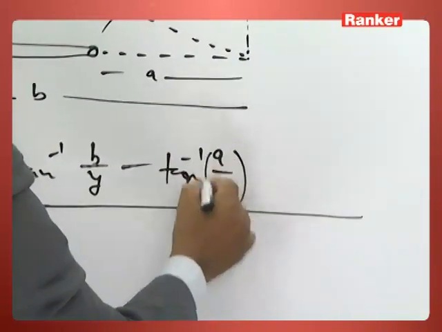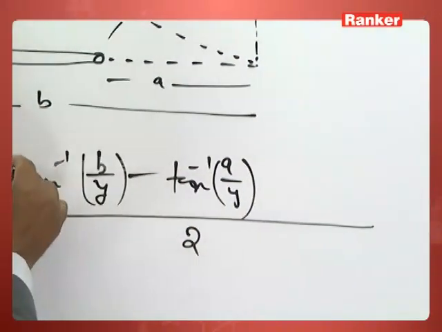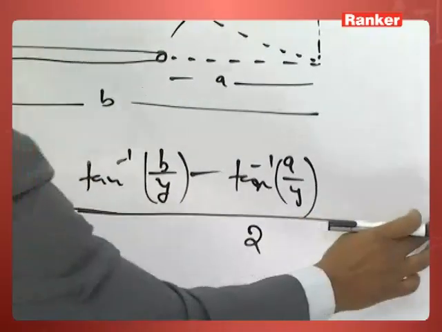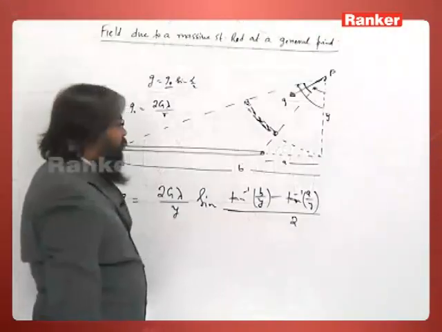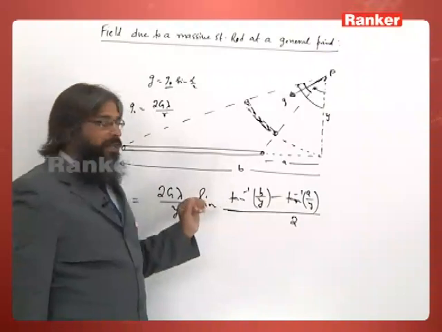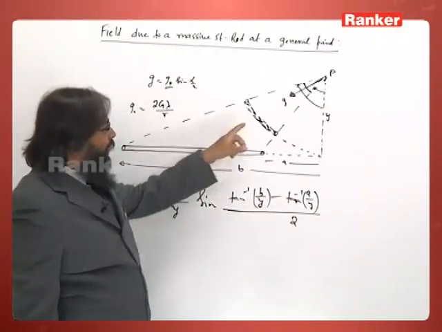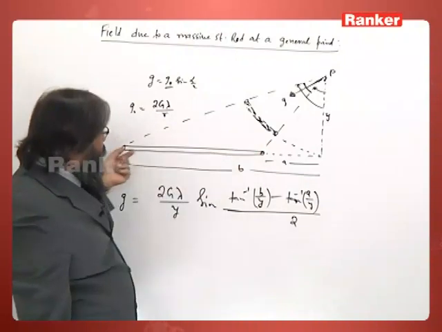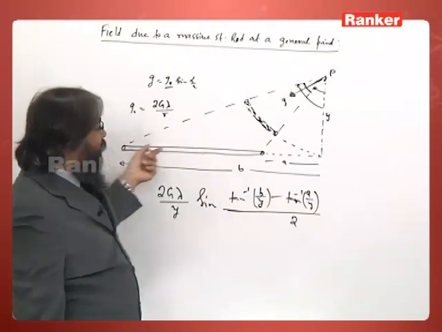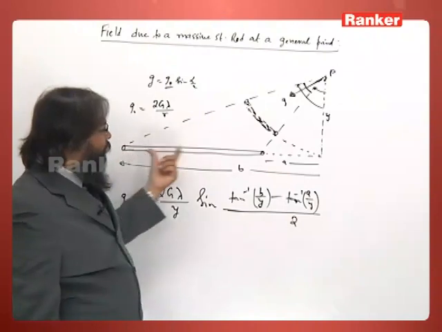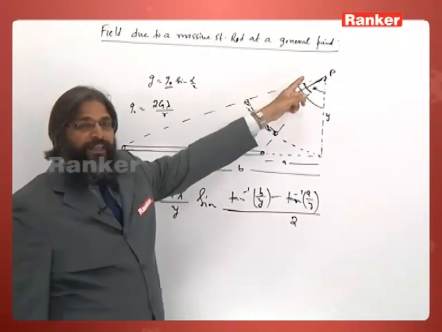So you see here we got this expression. Without any calculation, just by using that lemma, we have derived the general expression for the gravitational field due to a finite rod at a general point.